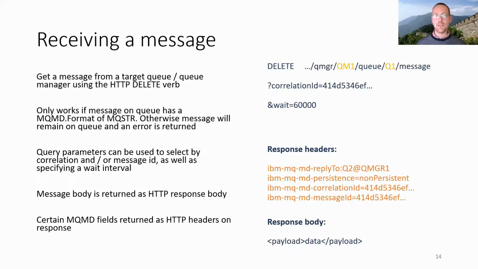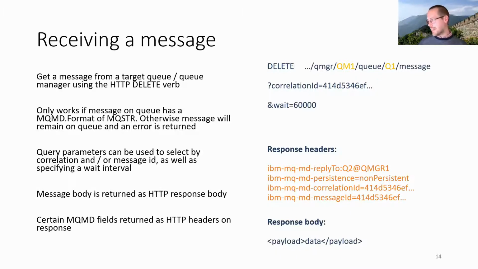So it needs to be an XML format or a JSON format or something similar. If you try and get a message that isn't text, then you'll get an error out of the REST API, and that message will get rolled back onto the queue. So it's a nice, simple way of exposing a getting API. Again, it's not got the full power of the MQI and the JMS APIs, but it is a simple, lightweight API.